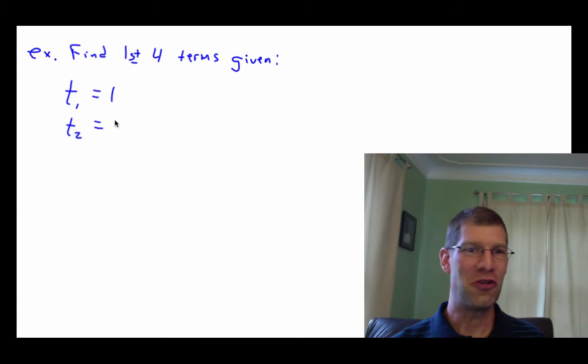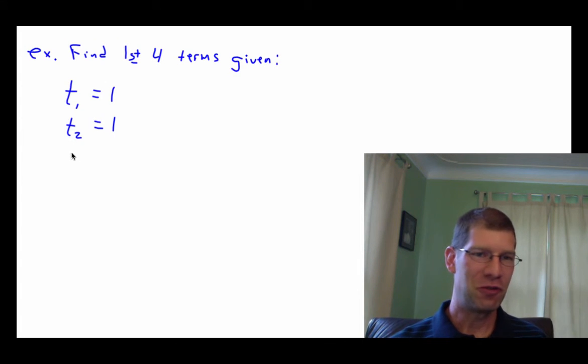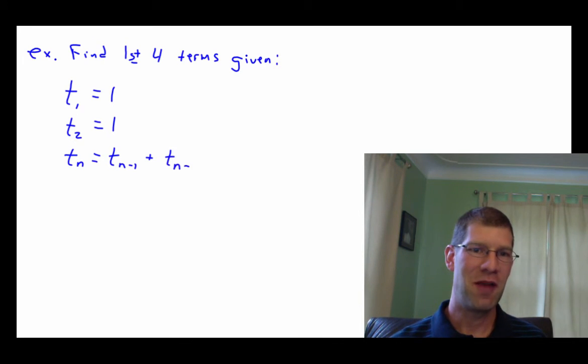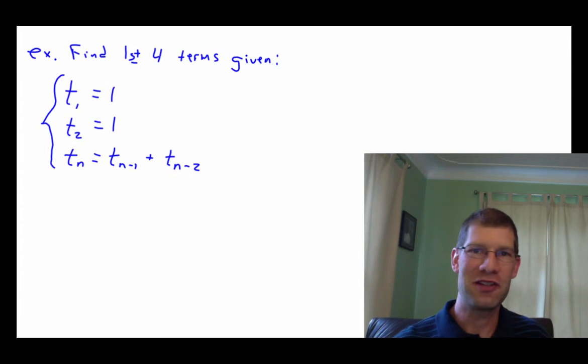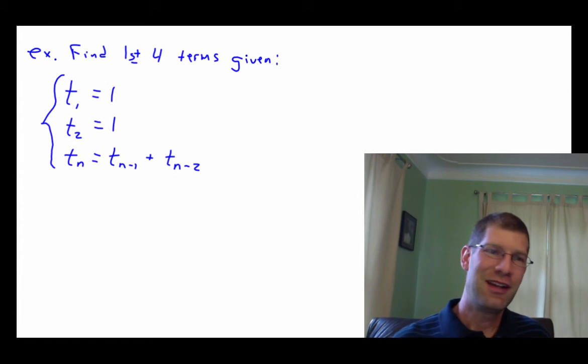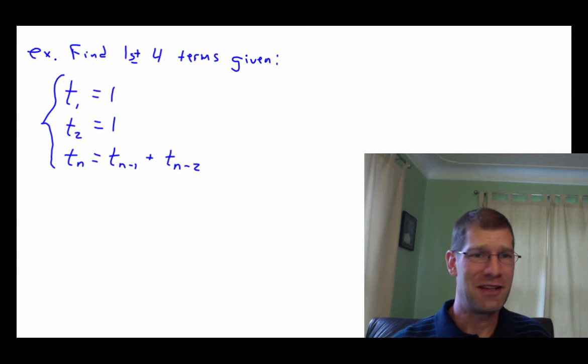I probably should be showing you a normal one. Oh well, we'll just go with it. T sub 1 equals 1, T sub 2 equals 1, T sub n equals T sub n minus 1 plus T sub n minus 2. And now this is going to be a recursive formula for this famous sequence, the Fibonacci sequence, that shows up in nature and bee family trees and stuff like that.